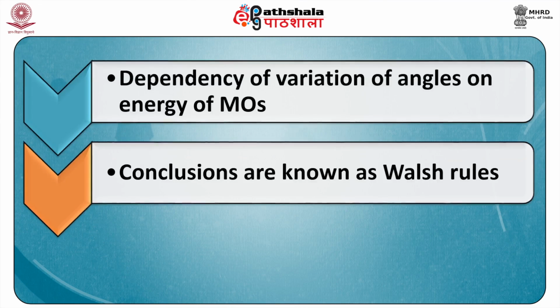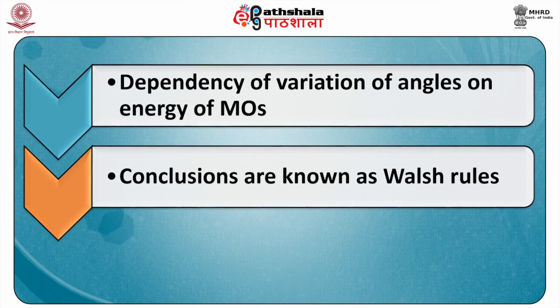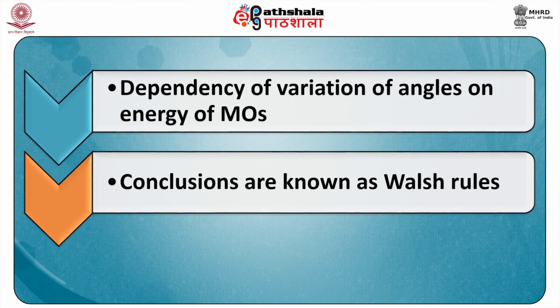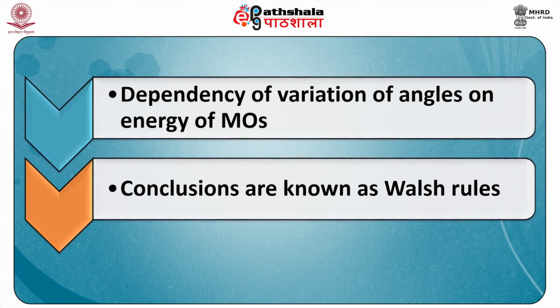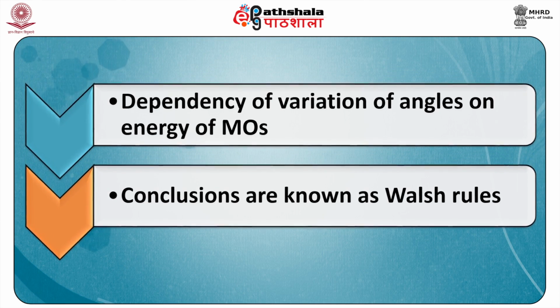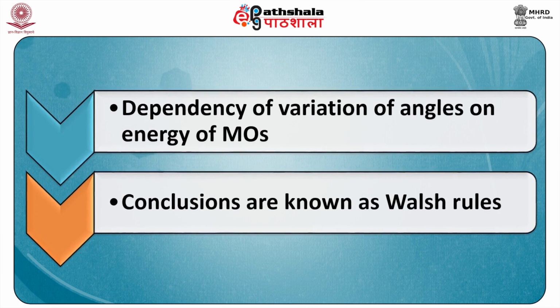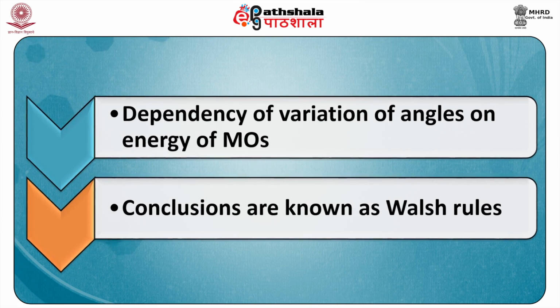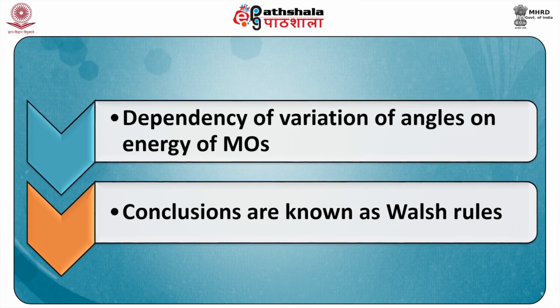Molecules with 22 electrons are linear or nearly linear in their ground states. The Walsh diagrams are illustrations of the dependency of the variation of angles on the energy of the molecular orbitals. The conclusions are known as Walsh rules.